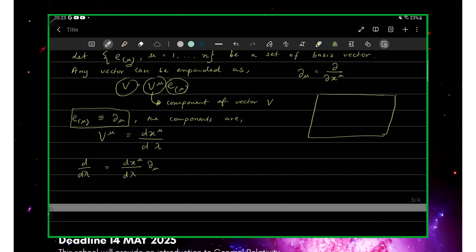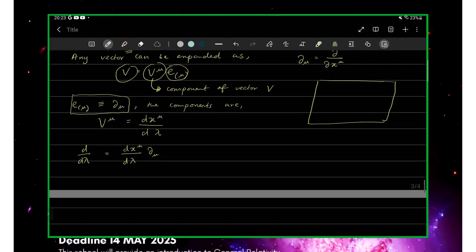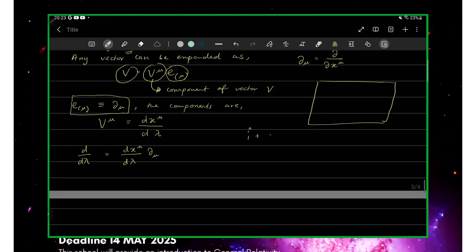what are the bases? Bases are basically what defines the dimensions in a manifold. Now, if you want to heuristically understand this, let's say I have three-dimensional flat space, which is defined in Cartesian coordinates. The basis vectors are just i hat, j hat, k hat for three dimensions, right? So basically this defines the directions x, y, and z, respectively. So these are your bases.